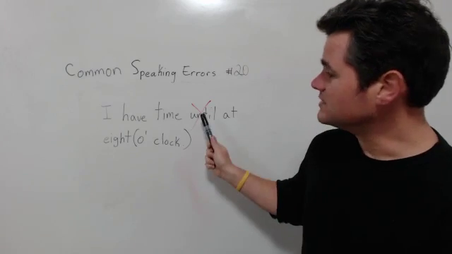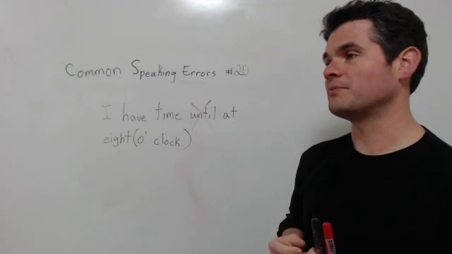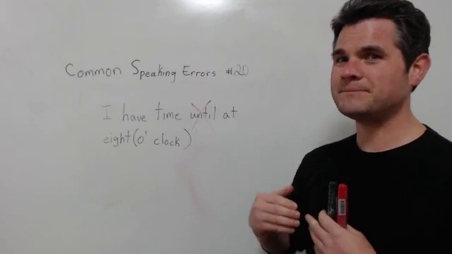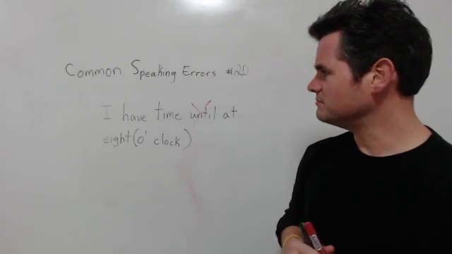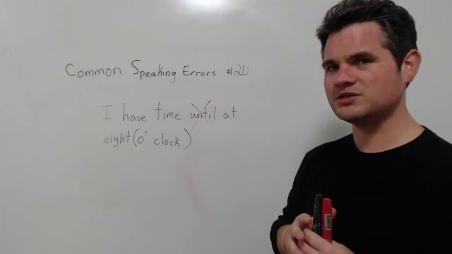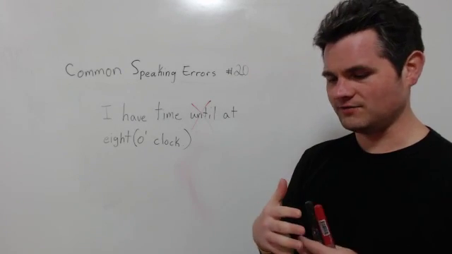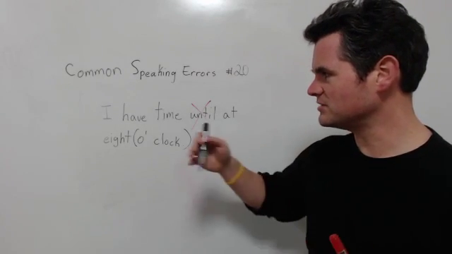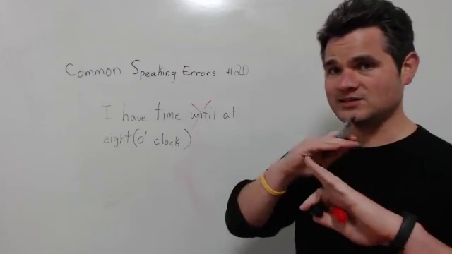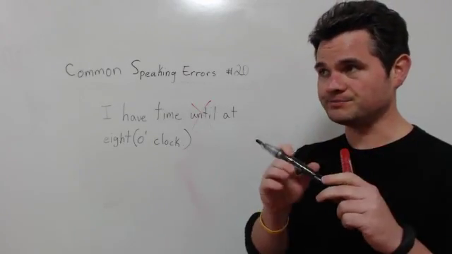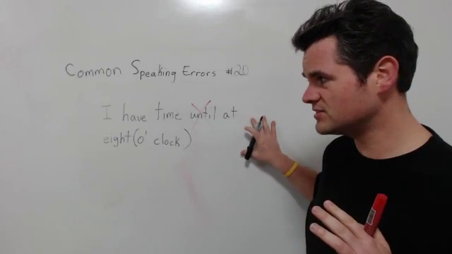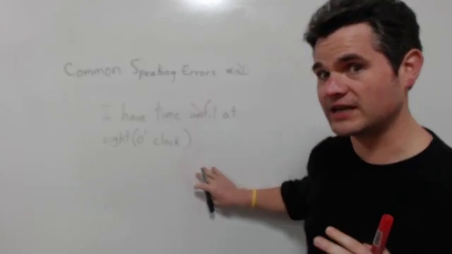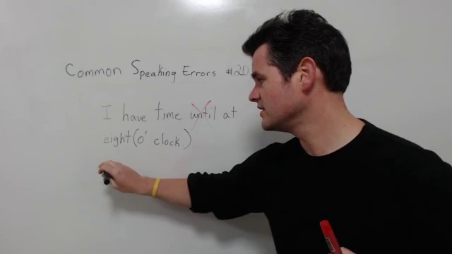Now, we're going to go with until. So until, this is a preposition that pretty much means up to a certain time. But when we're using until, we want to make the sentence a negative sentence. So in this case, we say I have time at 8. We can say the same thing in this sentence that we can say using until in a negative sentence.